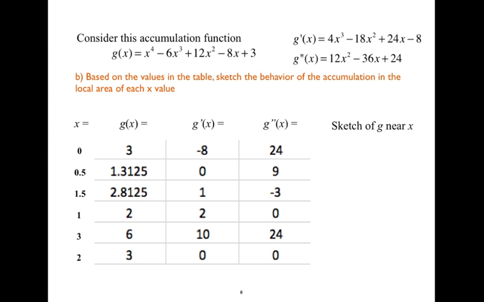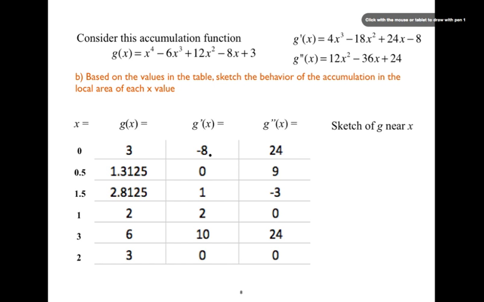So for instance, if the first derivative is negative, what does that tell us about g? Decreasing. If the second derivative is positive, what does that mean? That the rate is increasing, or the original function is doing what? Turning up. Remember?